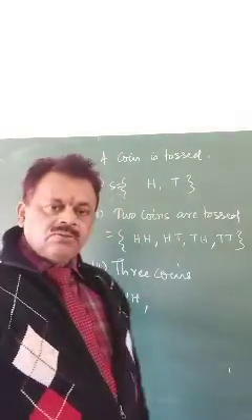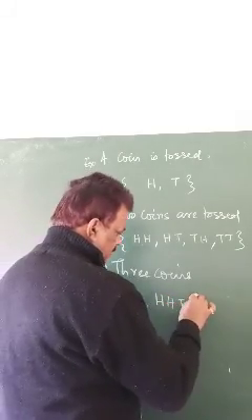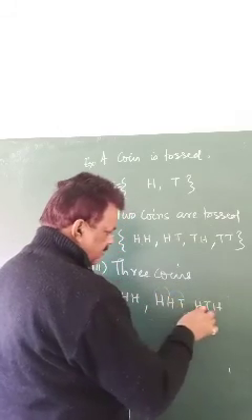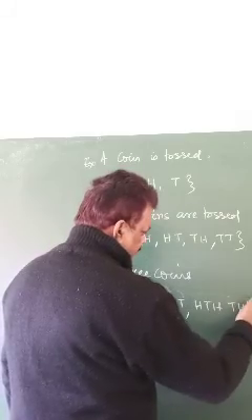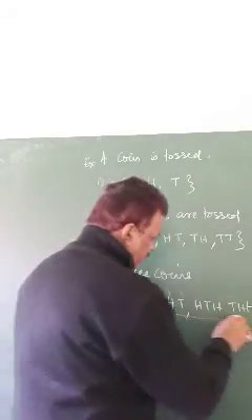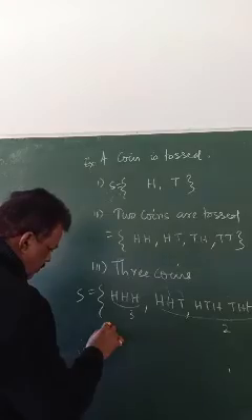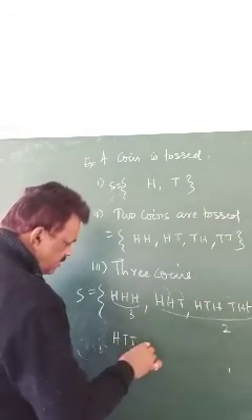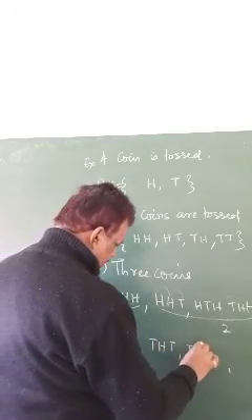Then try to write 2 heads: head, head, tail; head, tail, head; tail, head, head. Look, mix like this. These are 2 heads out of 3. Then 1 head means head, tail, tail; tail, head, tail; tail, tail, head.